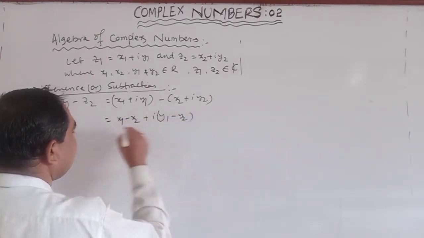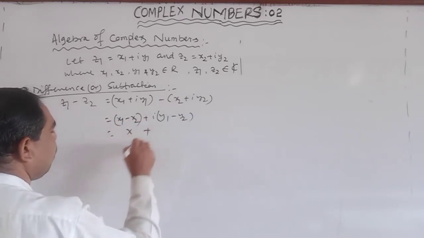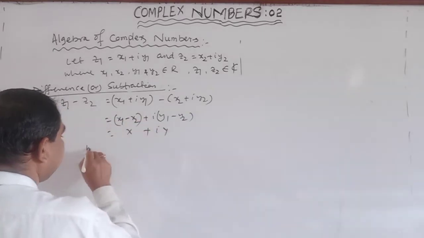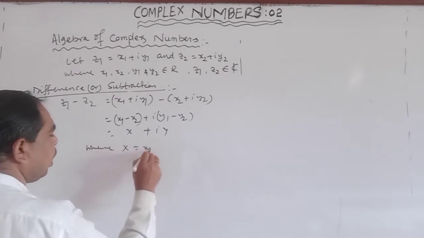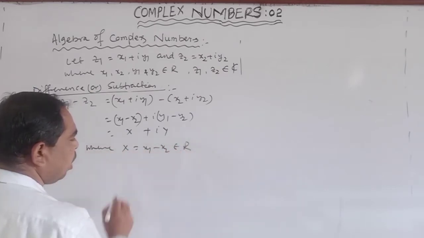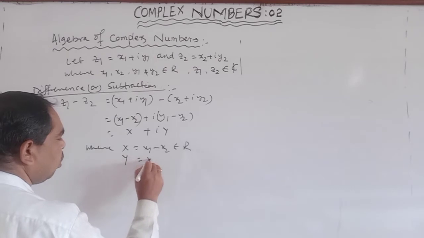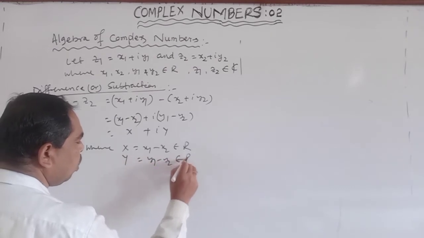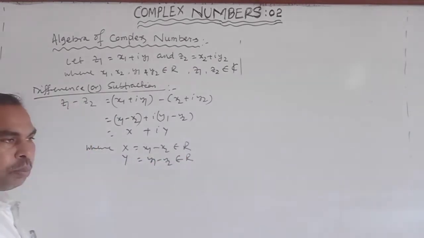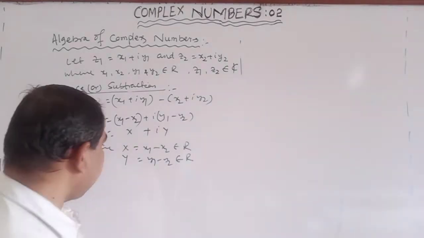Suppose this is capital X plus i into capital Y, where capital X is equal to x1 minus x2 belongs to set of real number R, and capital Y is equal to y1 minus y2 also belongs to real number R, because the difference of two real number is also a real number.